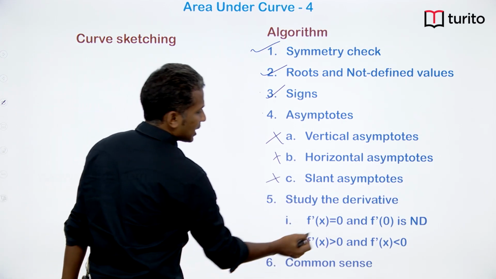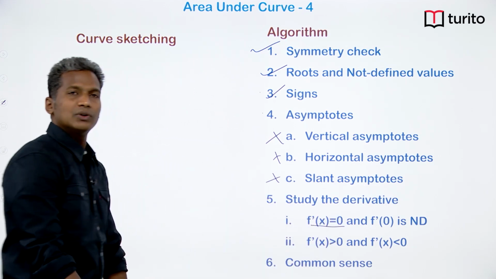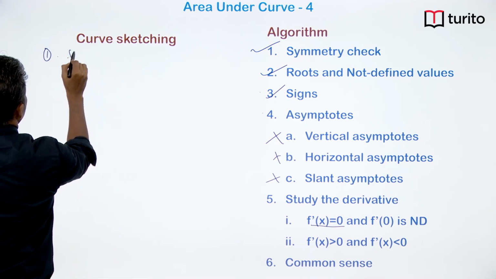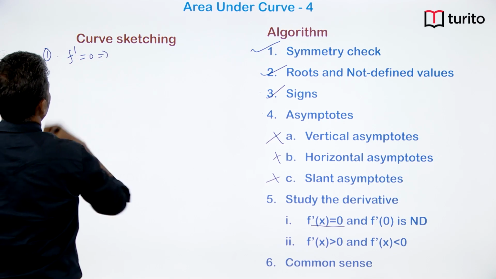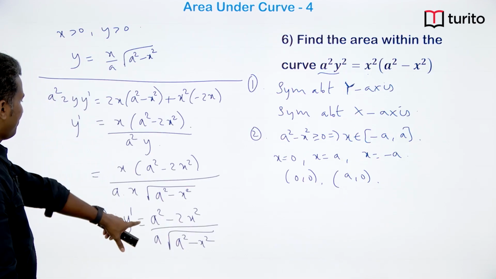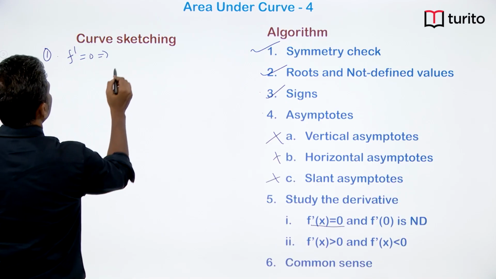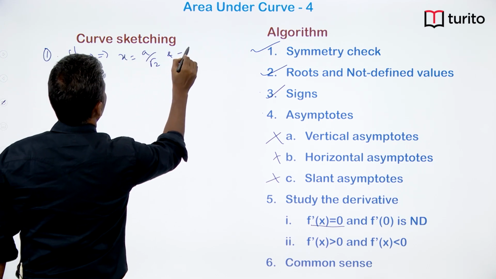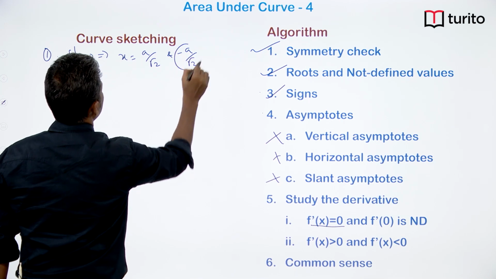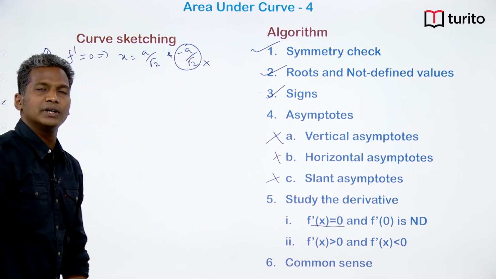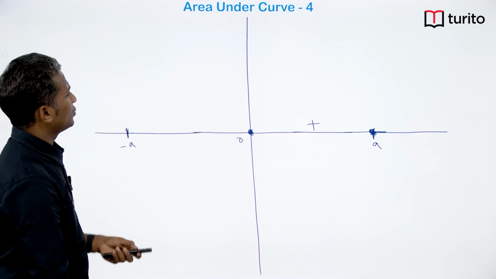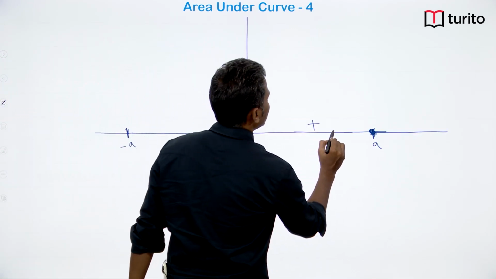What are the cases that I am checking? f dash equal to 0 is the first case. Now let me just check that. f dash equal to 0 will give me x equal to a by root 2 and minus a by root 2. This I am rejecting because I am looking for only values in the first quadrant. So a by root 2 will be somewhere here.